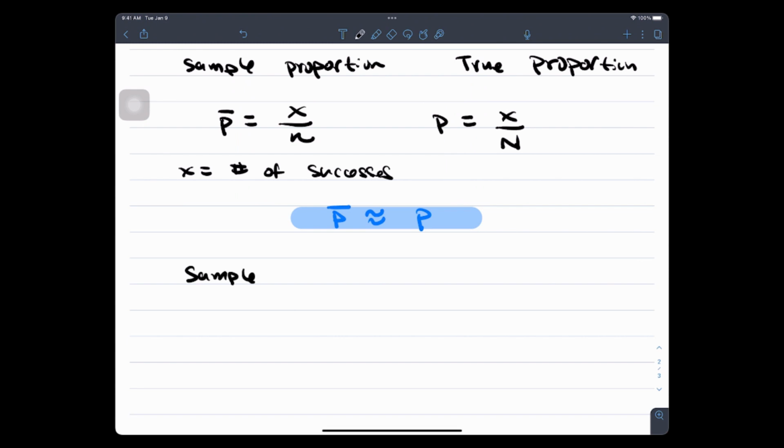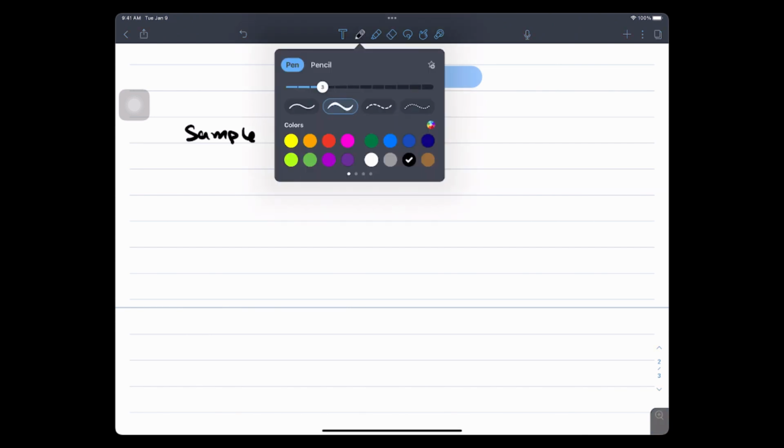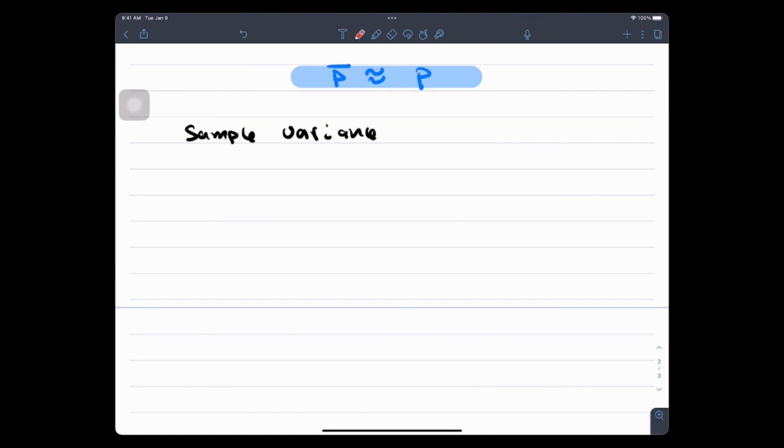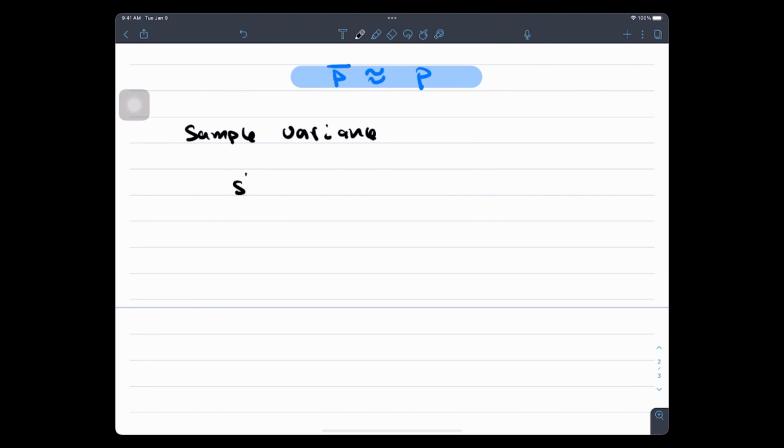You guys know the sample variance? That has a formula, by the way. This is sigma squared. Oops, sorry. I can give you a shortcut for it. I'll give you the definition. Okay. s squared.